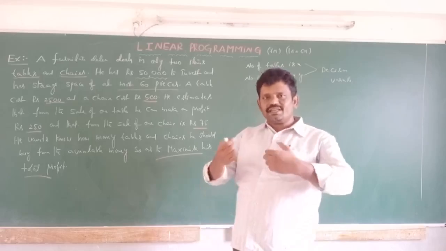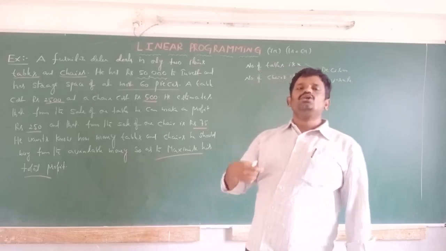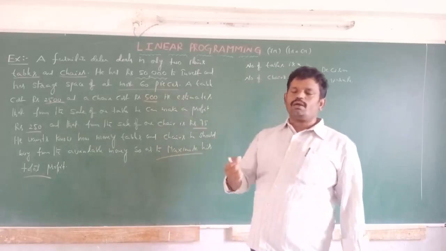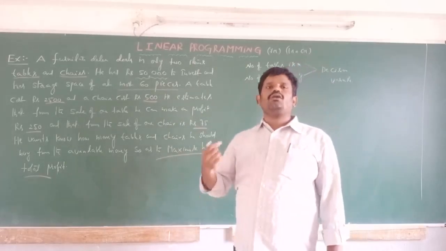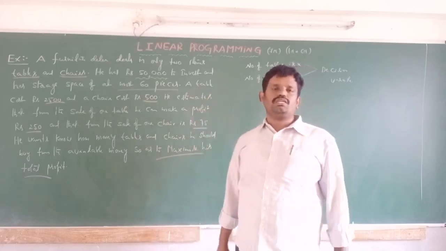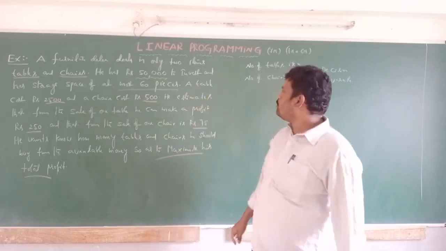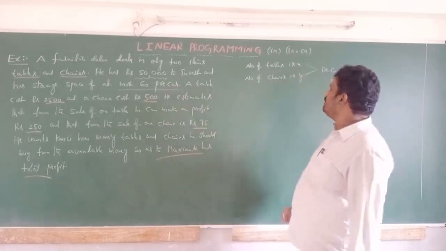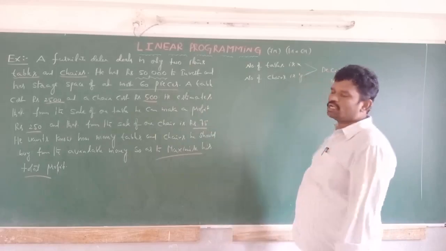If you utilize the given resources in order to get maximum profit or minimum loss, such type of conditions are subject to the optimization problem. Now these two are called optimal values or decision variables.